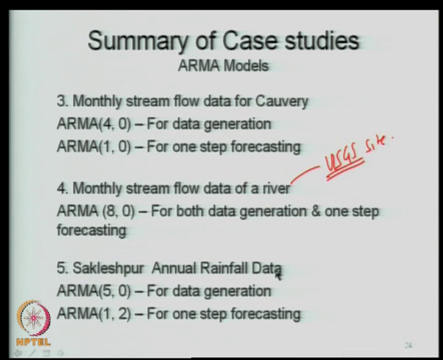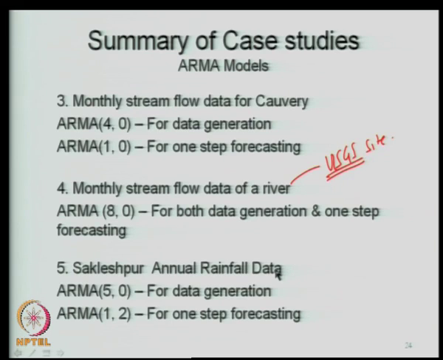I have provided the data for this Sakleshpur annual rainfall, and I encourage all of you to go through this data and do all the analysis that I have discussed in this particular course. If you do not have access to any other data, use that particular data and then do all the analysis. So, with this, we now conclude the discussion on time series analysis.